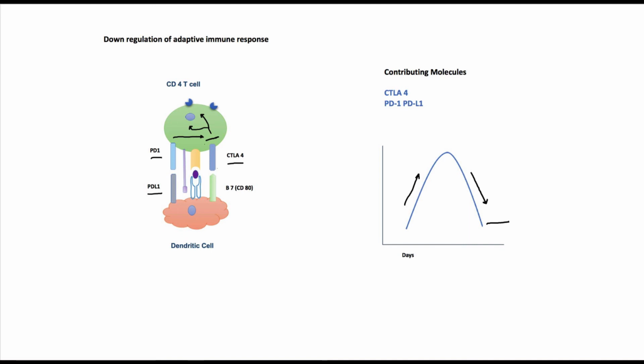From the site of infection, dendritic cells then move to regional lymph nodes, where they present antigens initially to CD4 T cells. The resulting interaction of HLA molecules with the T cell receptor complex and co-stimulatory signals result in activation and proliferation of CD4 T cells.